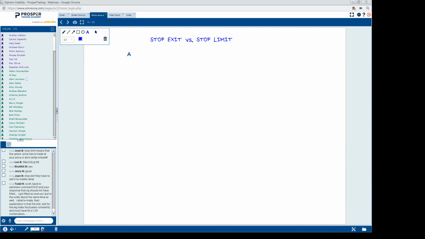So, a stop exit means that once the exit price has traded, okay, your order then becomes a live market order.